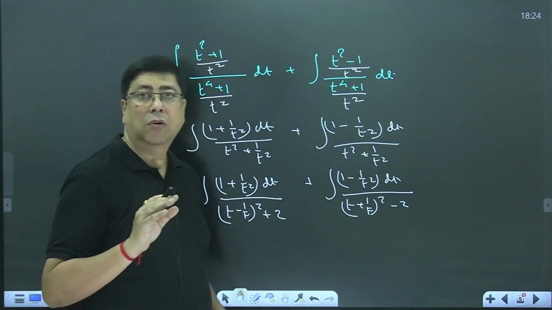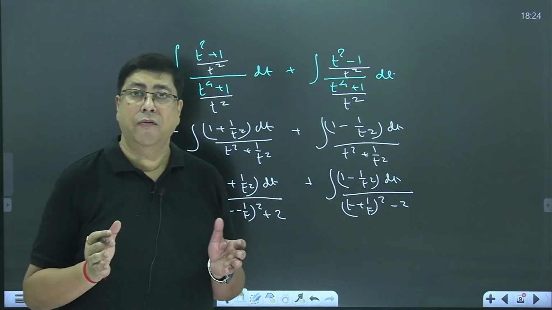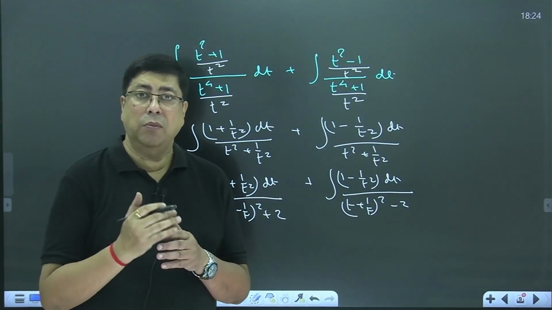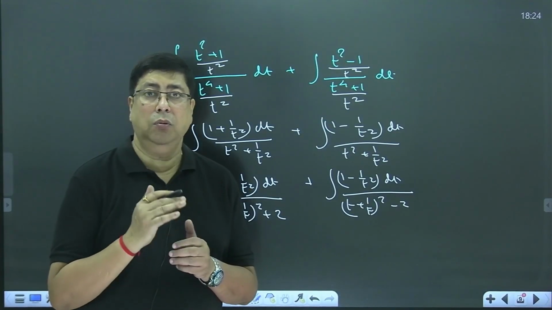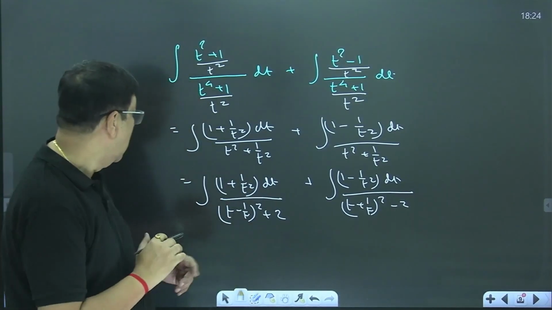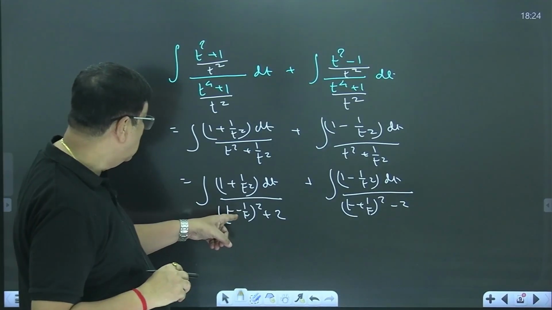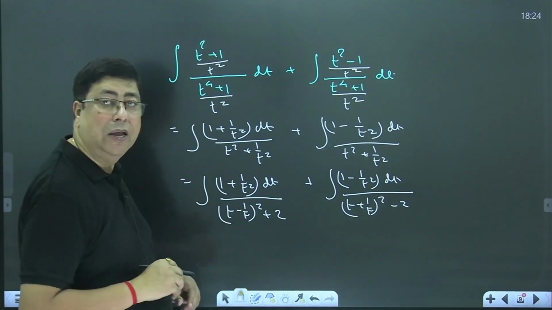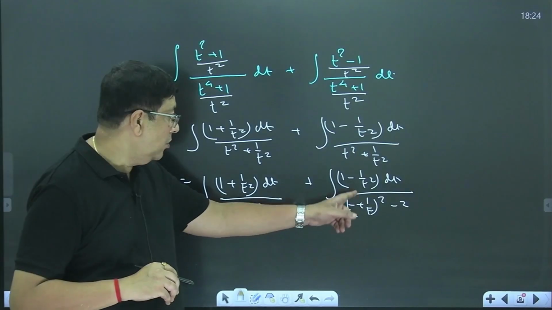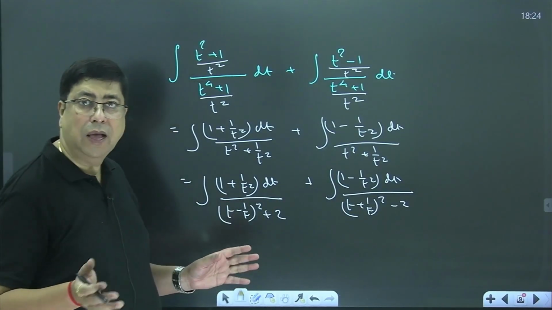It depends on your knowledge of differentiation. Before starting integration, you should do differentiation well. Why? Because if I take this as p, its derivative is present here. If we take this as u, suppose, its derivative is present here, and the sum is solved.